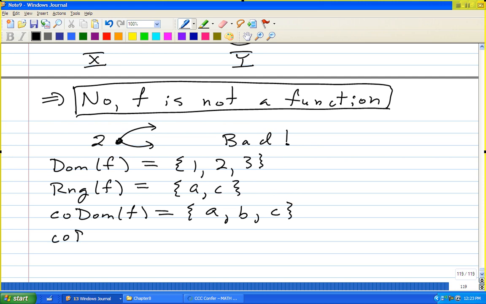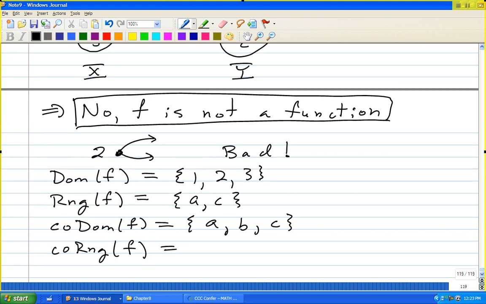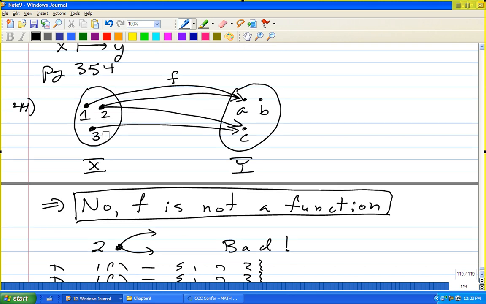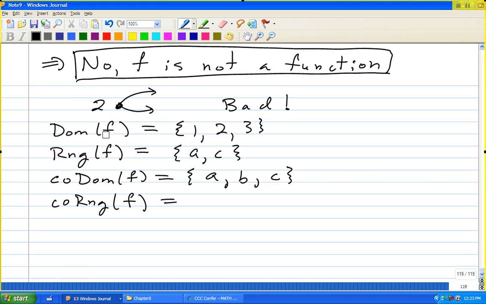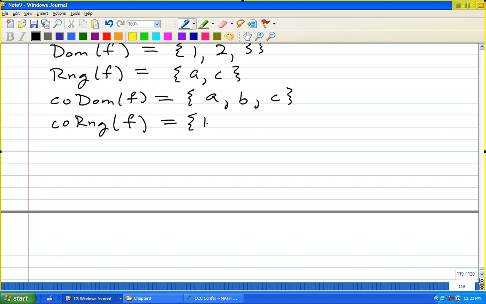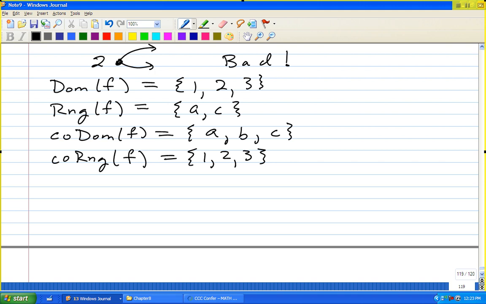And the co-range, the set of all possible inputs, are 1, 2, and 3. Okay. So in this case, the domain and co-range are the same, but the range and codomain are different. And that could certainly happen.